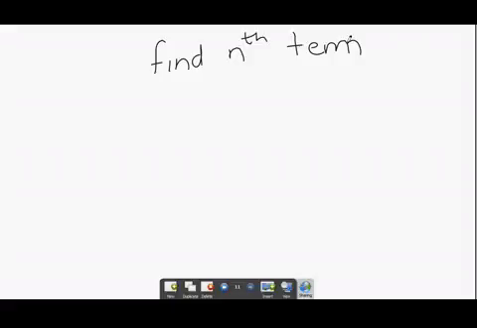So if you have your general term, let's find one just for practice. So if we had 2, 6, 10, 14. Now in this general term, I know that I can find my d. D is equal to 4 when I find it, and my a is equal to 2.